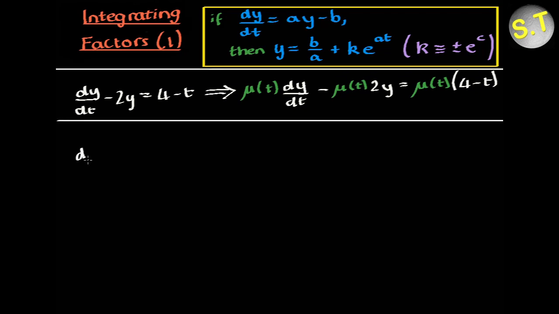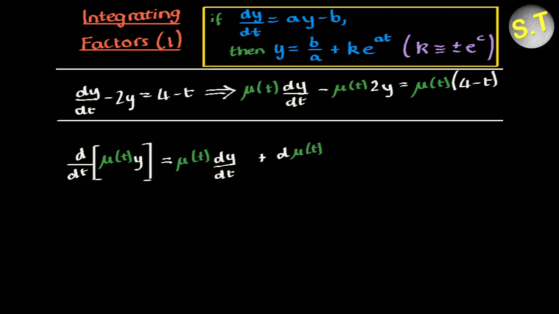So through the product rule, we know d by dt of our integrating factor times y is equal to our integrating factor times the derivative of y with respect to t plus the derivative of our integrating factor with respect to t times y.